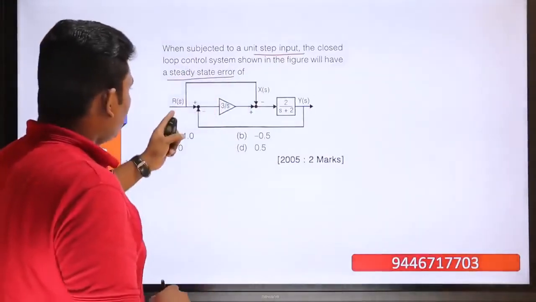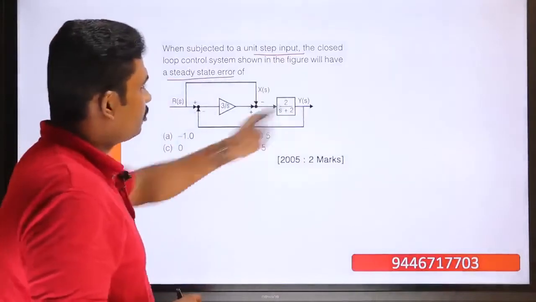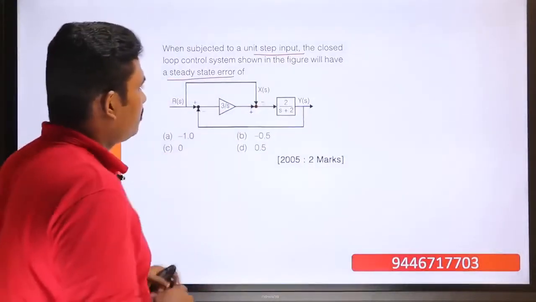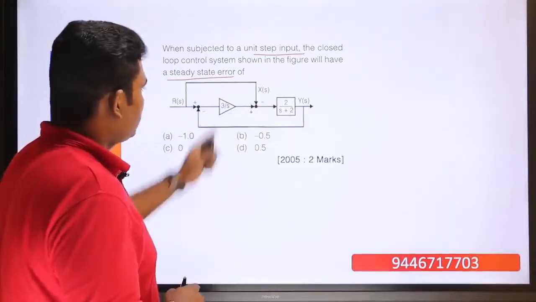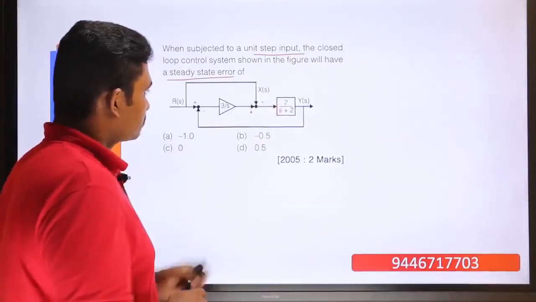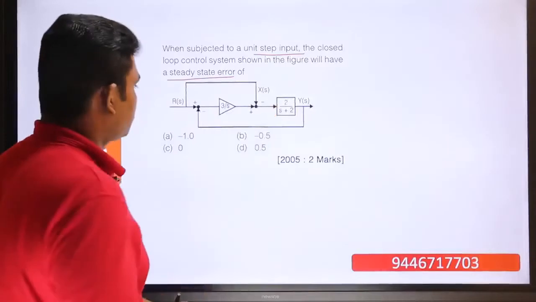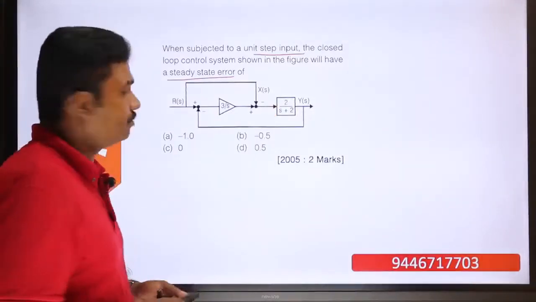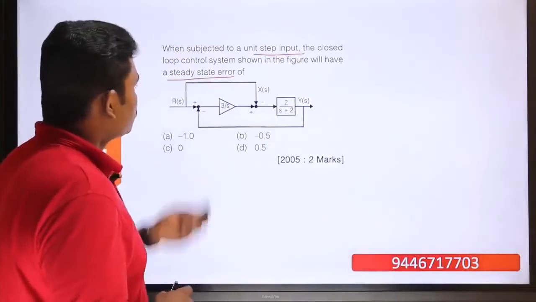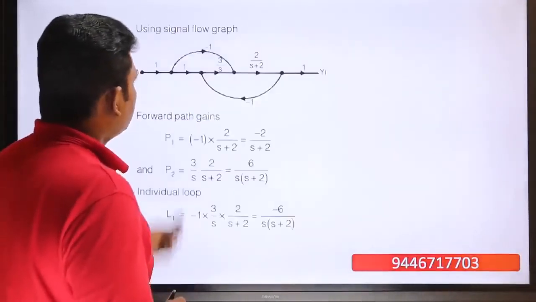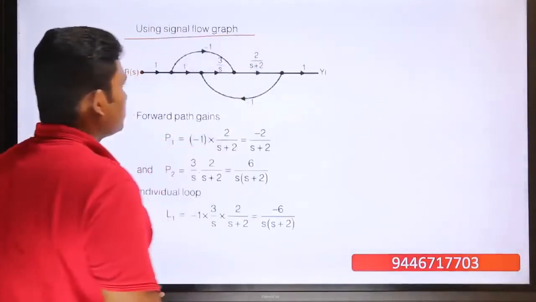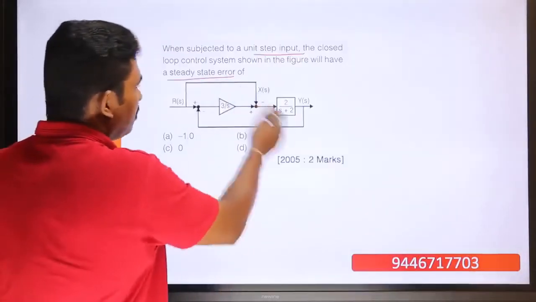Here you can see the input is R(S), our output is Y(S), and this is a closed loop feedback system with the gains 3/S and 2/(S+2). Four choices are given. This is a 2005 2-mark question. Recreating this figure as a signal flow graph, we are converting the block diagram to a signal flow graph with all the gains.